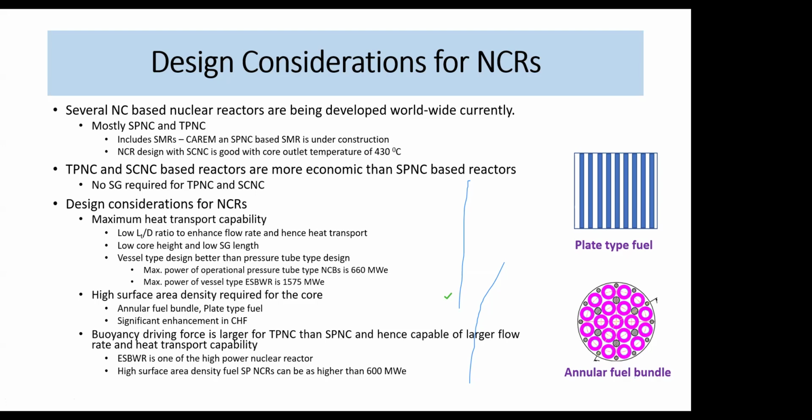So it's a very high L/D ratio, and that increases the frictional pressure loss. Whereas if you go to two-phase natural circulation, you find the vessel type design is much better.